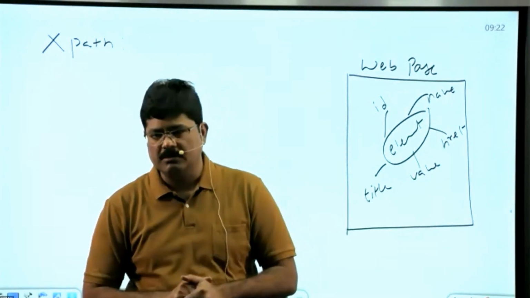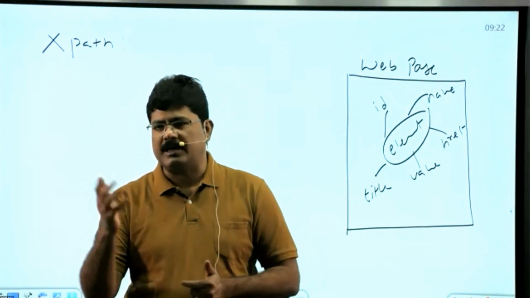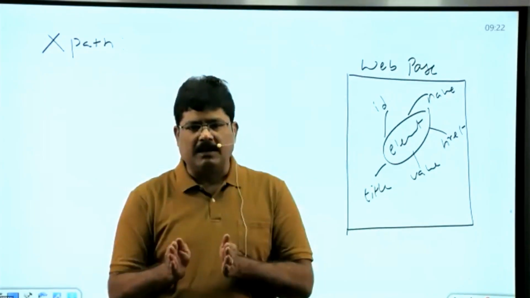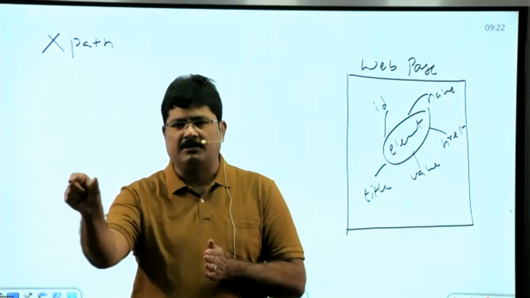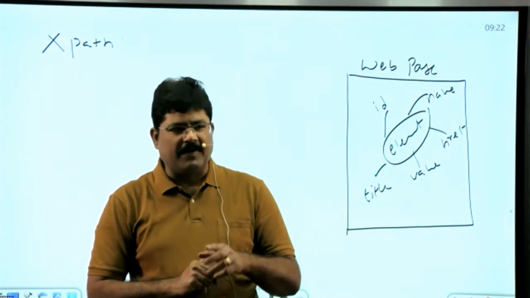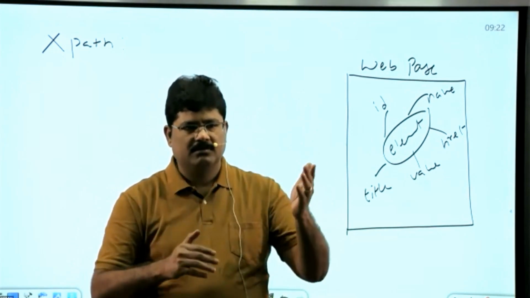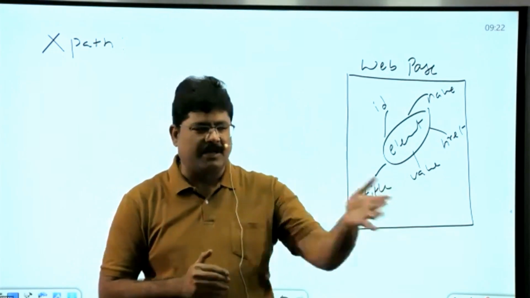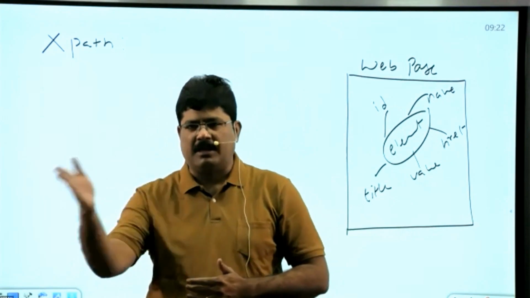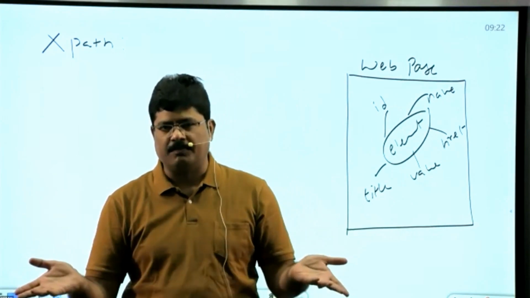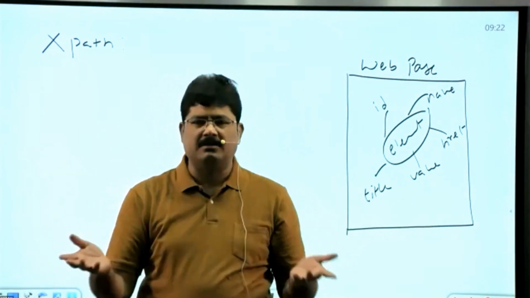Every day same location? Location may change. Location means asking Selenium, identify the first button available in division 2. Identify the second text box available in division 4. Identify the text box on the left side. Identify the text box on the right side. That is called location.